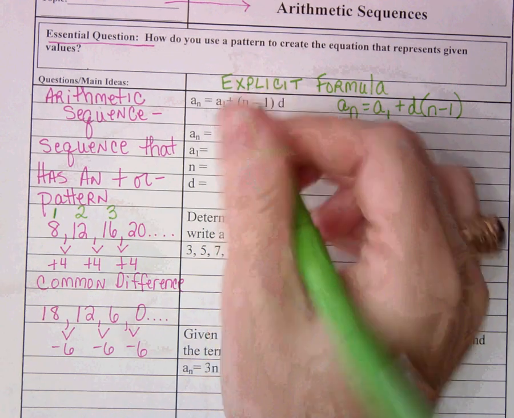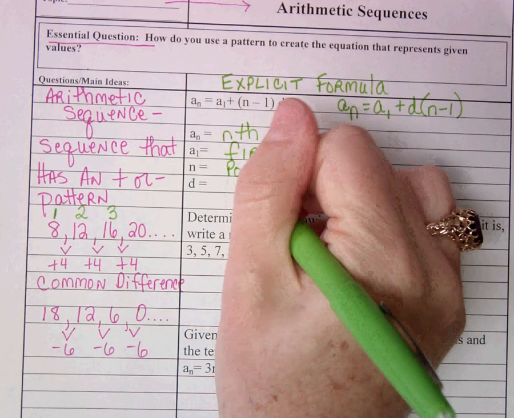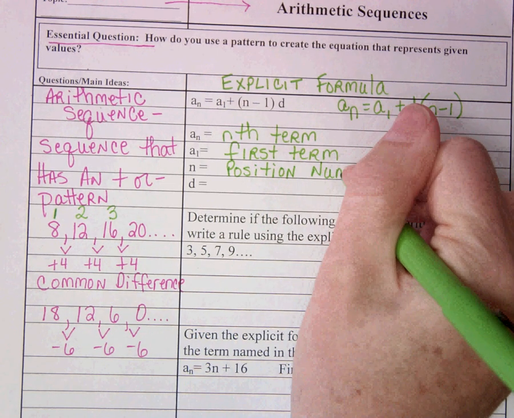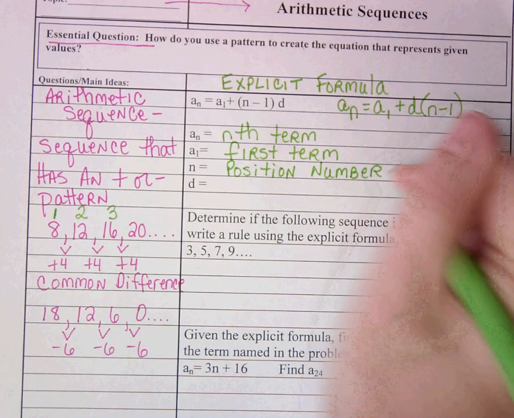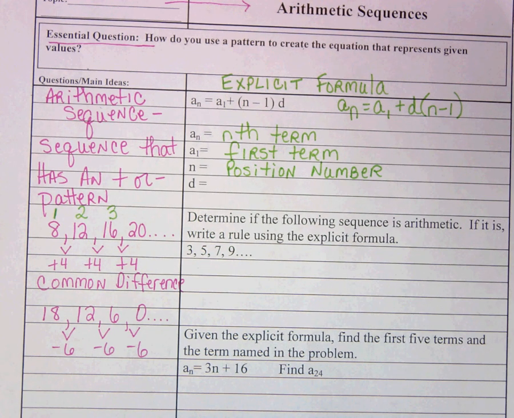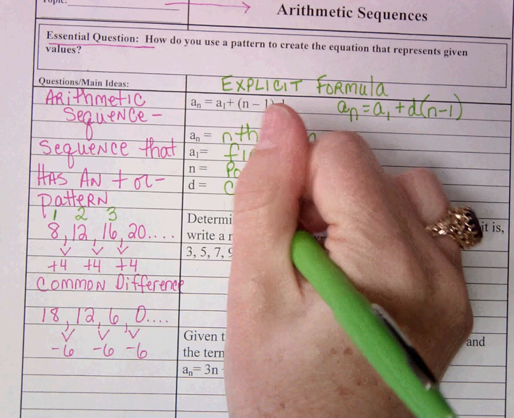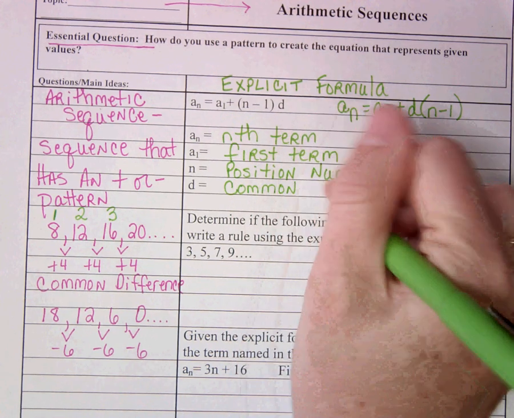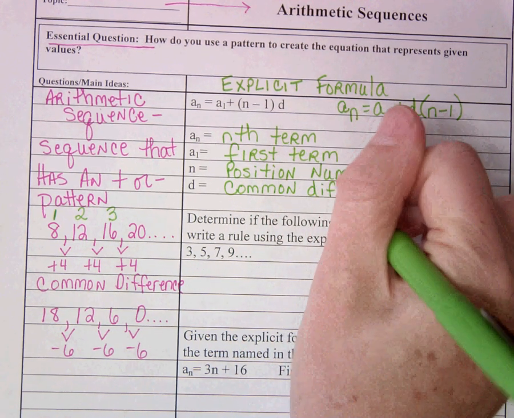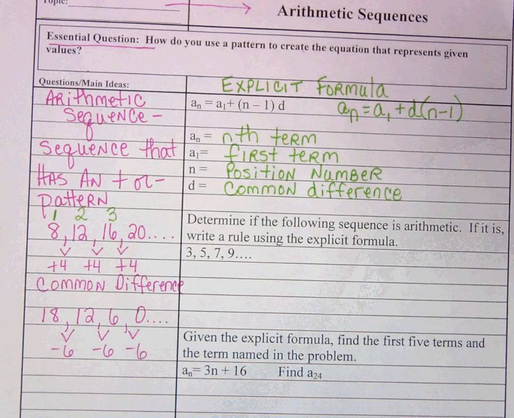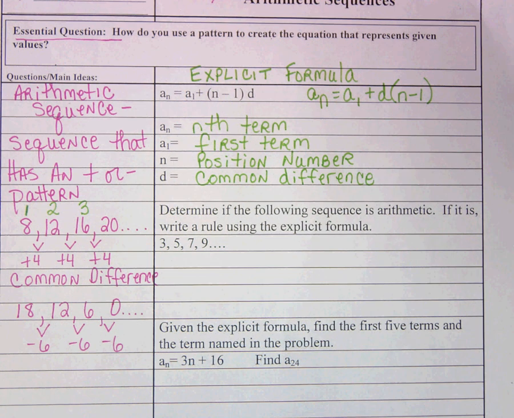The n represents the position number. So if I was looking for, say, the 23rd term, I would replace n with 23. And then d represents the common difference. So like in that first sequence, the common difference was 4. So really, it's as simple as knowing these different variables and plugging them into the equation.